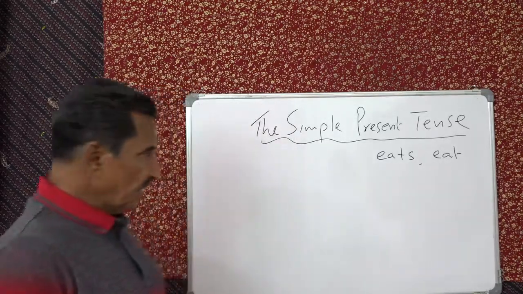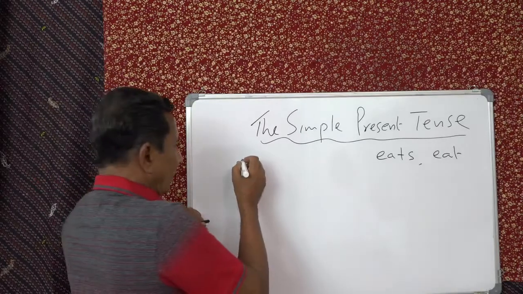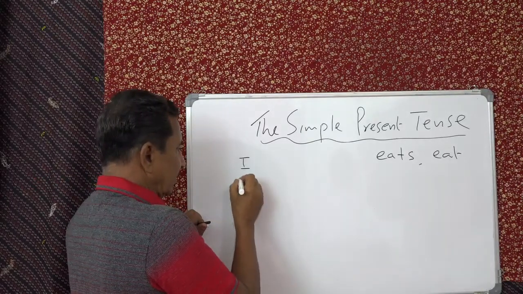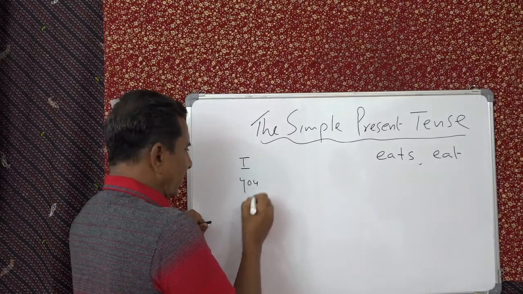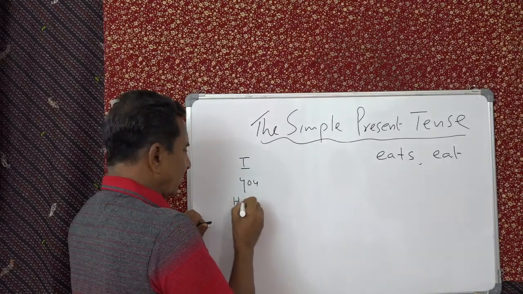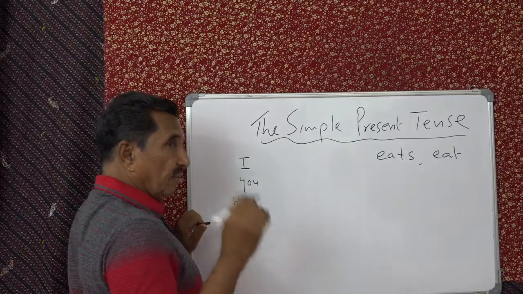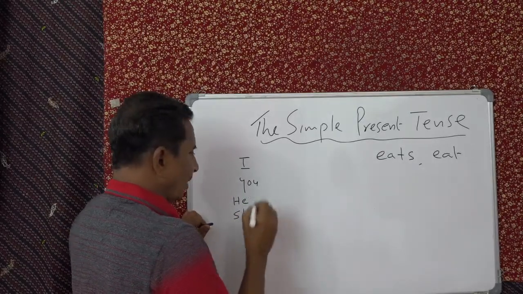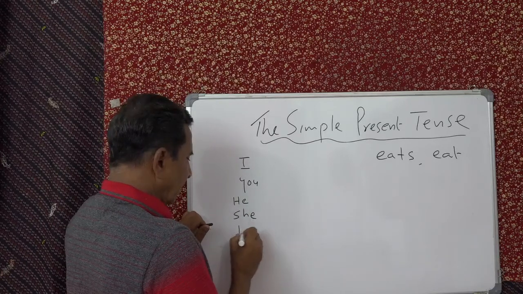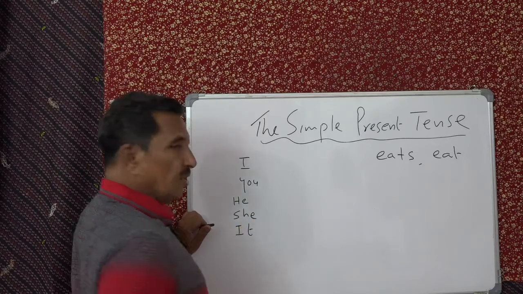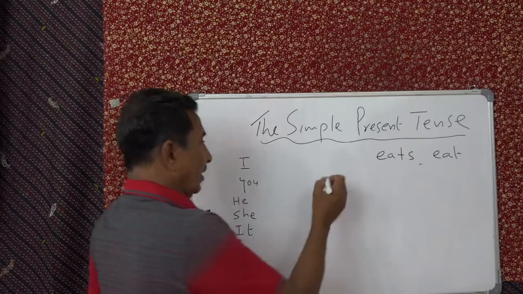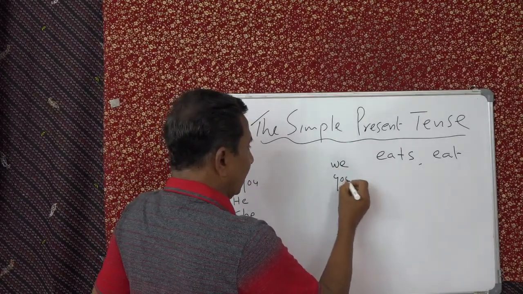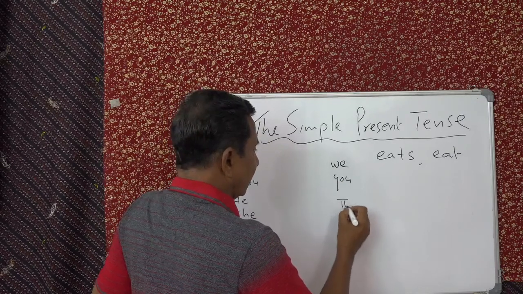Okay. Now where will you use them? You know, we have seen English subjects: first person singular, second person singular, third person singular masculine, third person singular feminine, third person singular neuter, first person plural, second person plural, third person plural.